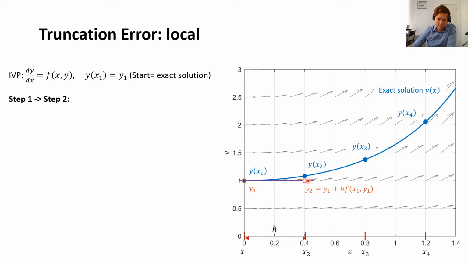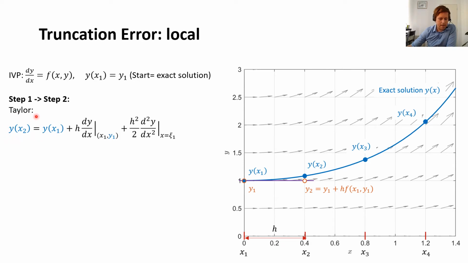Let's try to say something about the error here, about the difference between the blue dot and the orange dot over here. Now we can do so by writing out a Taylor series expansion. So we will make a Taylor series expansion of the function y at the point x2 around the point x is x1. And that is as follows.